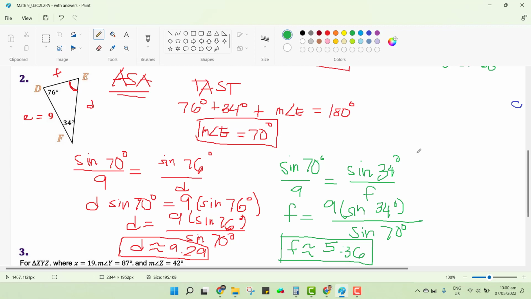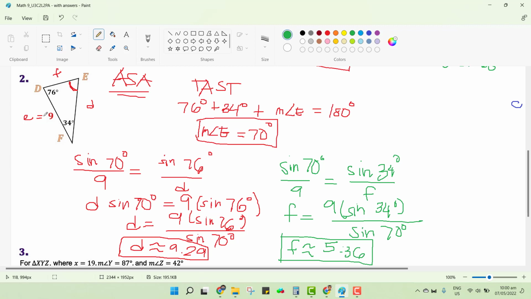So to use that concept, let us try to determine whether the bigger the angles here, the longer the sides, or the smaller the value of the measurement of the angle and the shorter the side. Notice that our biggest angle here is 76 degrees, since angle E is measured at 70 degrees. So 76 degrees is for angle D. In short, side D must be the longest side. And side D is measured to be 9.29.